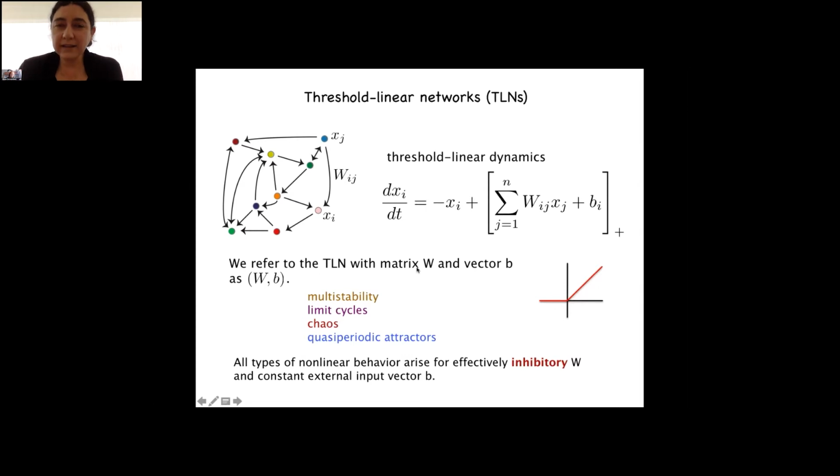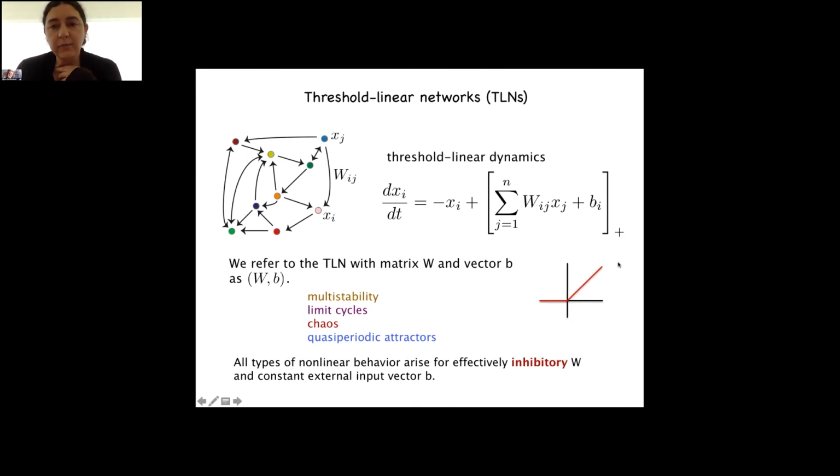And so you have a linear system of ODEs. And so this is really a piecewise linear dynamical system. And the surprising thing, perhaps, is that despite the local linearity of it, in the patching together of all these different linear systems, you actually get the full variety and richness of nonlinear dynamics, including multi-stability, like in the Hopfield model, but also limit cycles, chaotic attractors, and even quasi-periodic attractors all emerge in these networks.